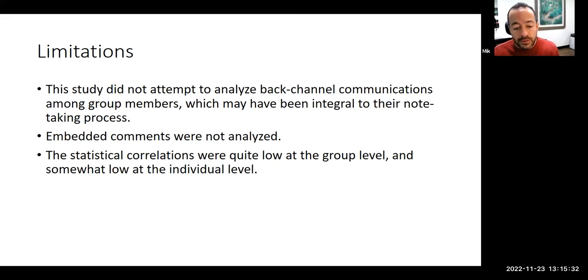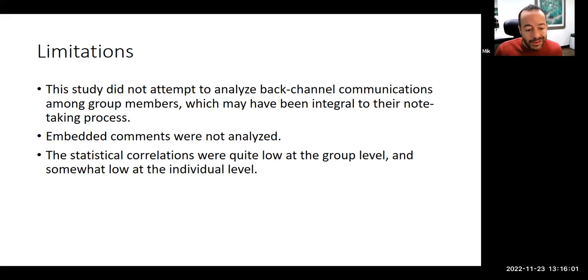That's because we didn't have a good way to look into back channel communications. Furthermore, I don't think we have the right to look into that too much, because I think that's personal, private communication between students. So I wasn't interested in doing that. But I think it's something to think about, because the back channel communication could be important to their learning process, and we just can't really account for it.